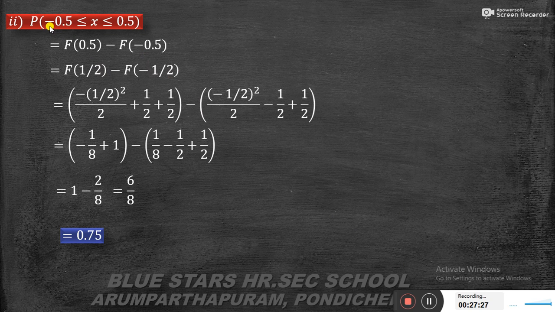so see here, second solution: probability of minus 0.5 less than or equal to x less than or equal to 0.5 means F of 0.5 minus F of minus 0.5.